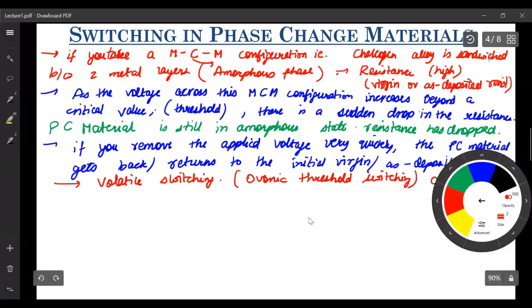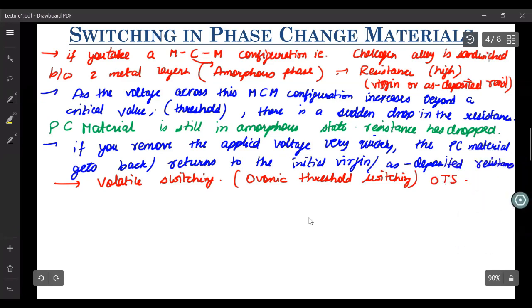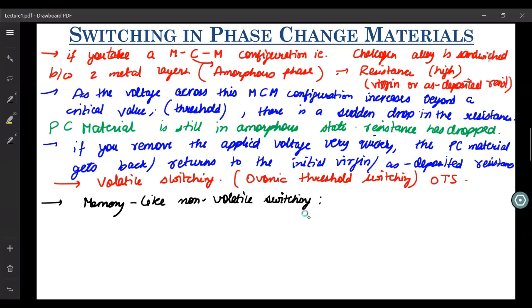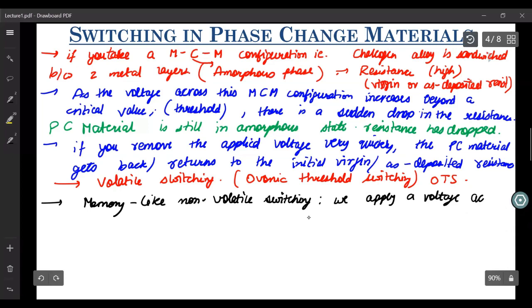Now let us look at the other kind of switching that Ovshinsky observed, which is a permanent or non-volatile, memory-like switching. So let us talk about the memory-like non-volatile switching. What happens here is, let's say you are again applying voltage across that MCM.